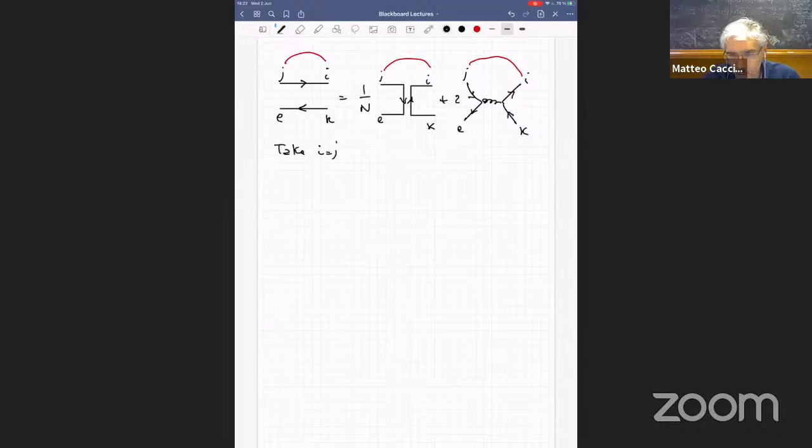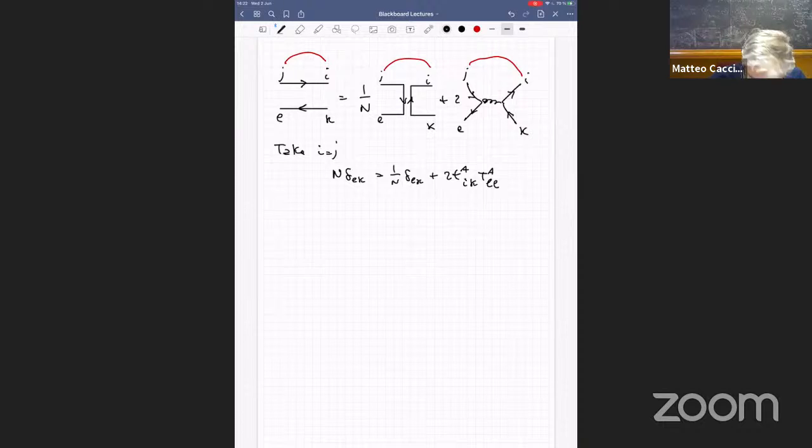You sum over the repeated indices, and your relation becomes N delta lk equals 1 over N delta lk plus 2 ta ik ta li.